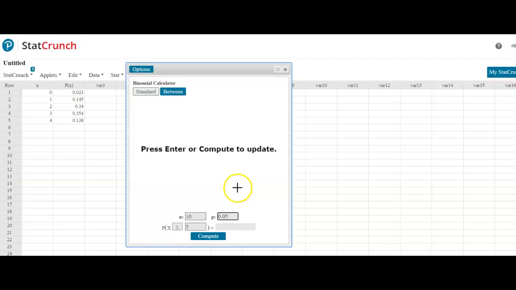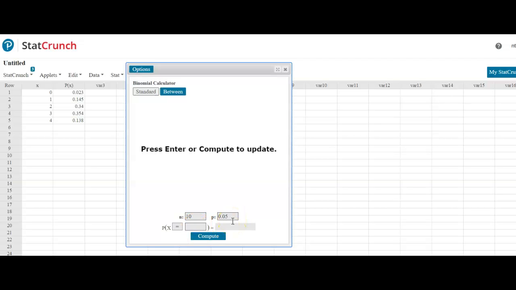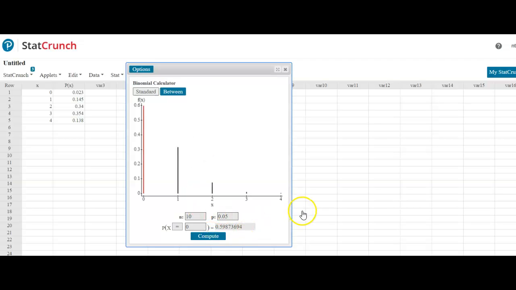The first question was find the probability that 0 are cashless. So I would change this to an equal, type in 0, and compute. It gives me a probability of 0.599 if I round to 3 decimal places.